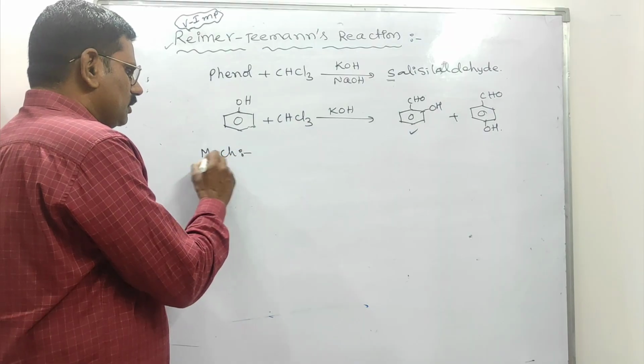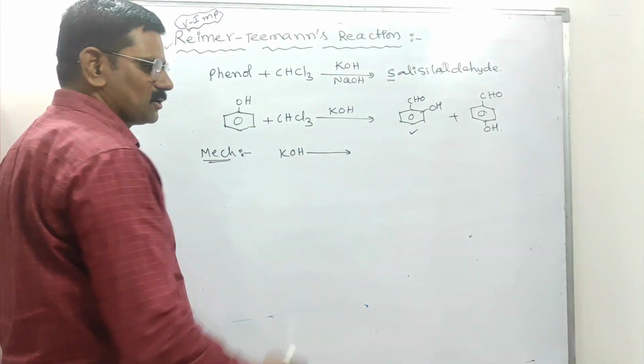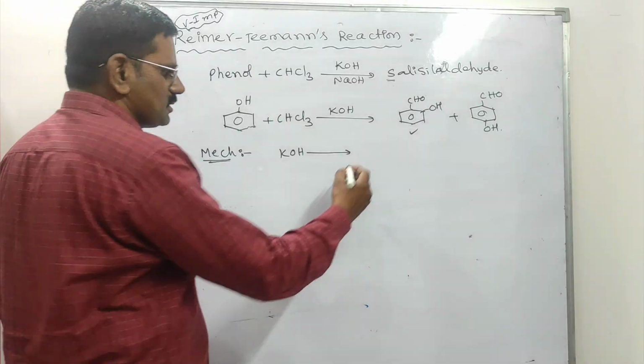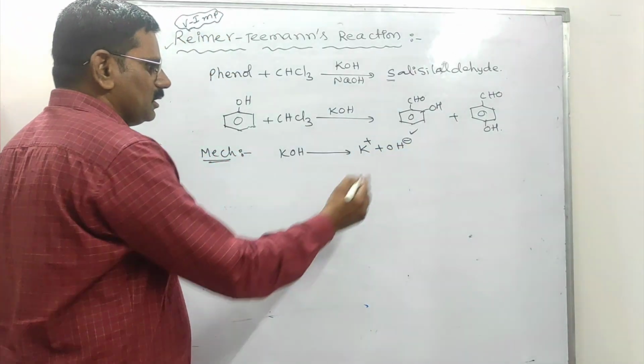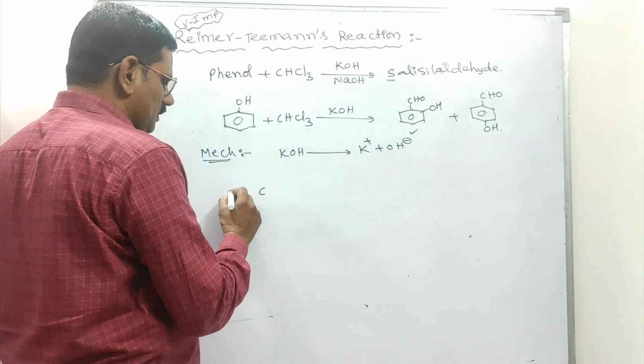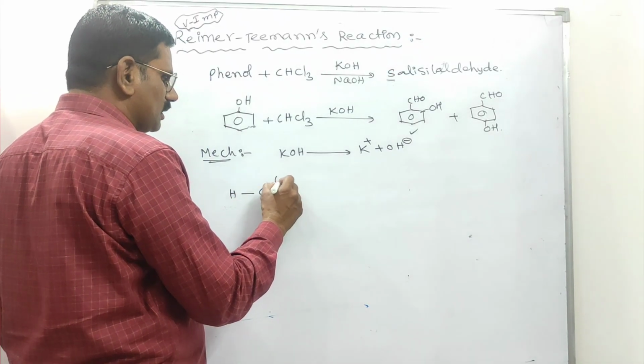Mechanism. You know, NaOH or KOH is a strong electrolyte. It 100% ionizes as K+ and OH-. This OH- ion takes hydrogen from chloroform. I am writing chloroform like this for our convenience.